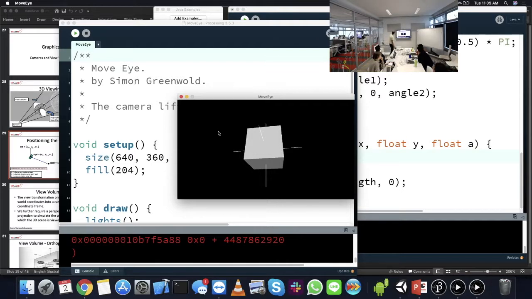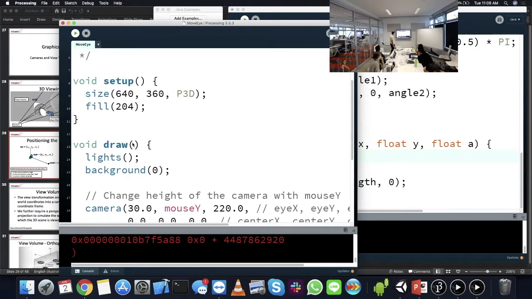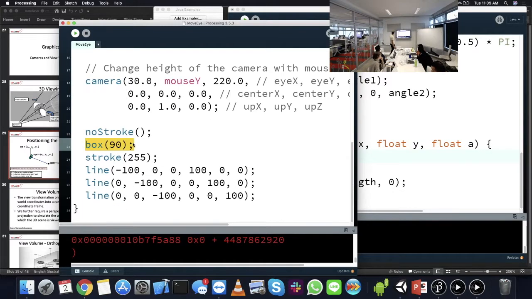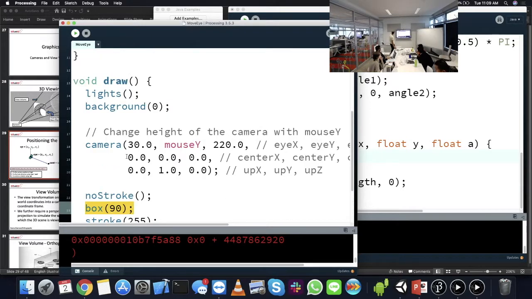So we have this box with some lines drawn out of it, and as I move the camera up and down, it appears like the box is moving closer to us and rotating towards us. But if we look at the actual example, there are no transform or translate functions in here at all. The box is being drawn at the origin, with some lines sticking out of it.